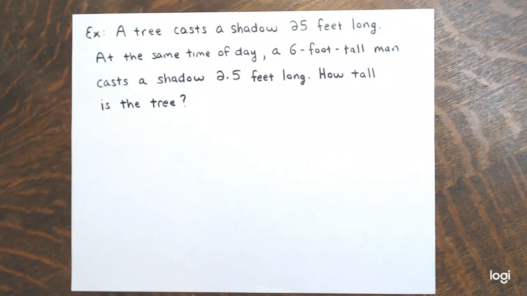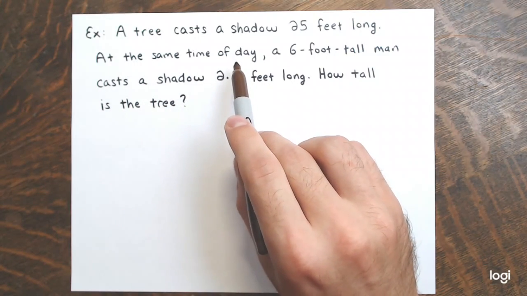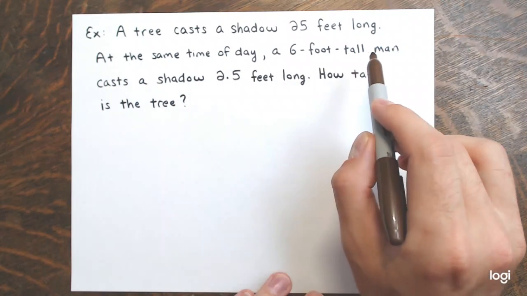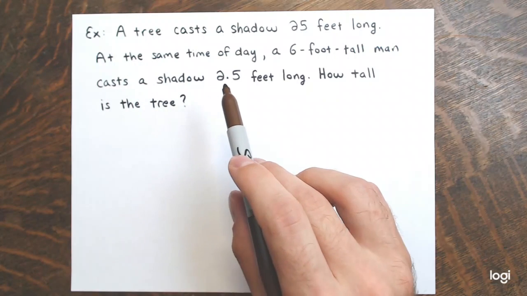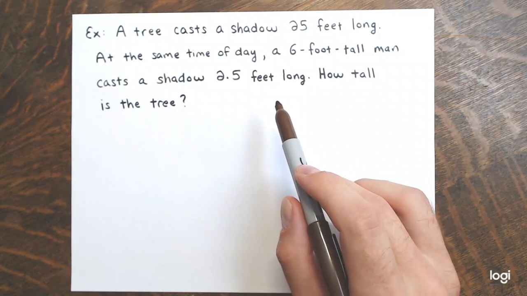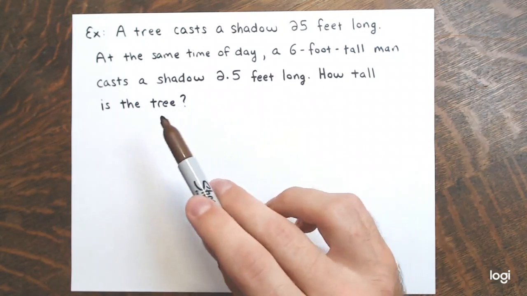Really it should say at the same time of day, in the same area, not on a different part of the earth. So at the same time of day in the same place, a 6-foot tall man casts a shadow that's 2.5 feet long. How tall is the tree?